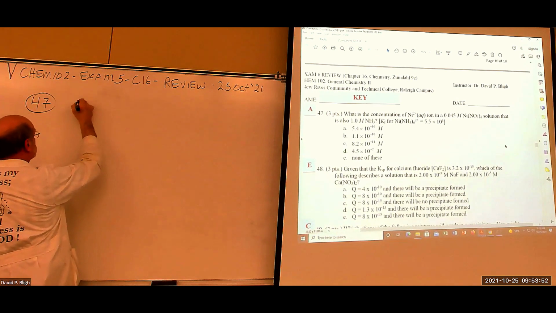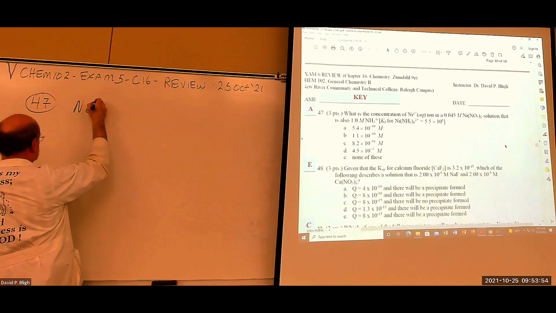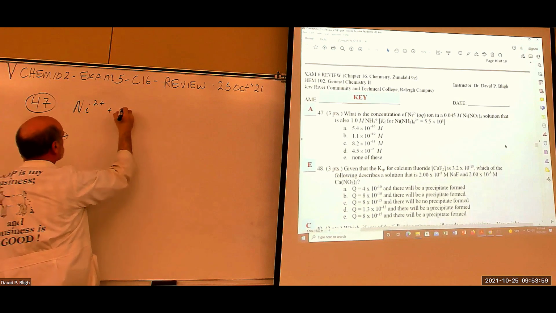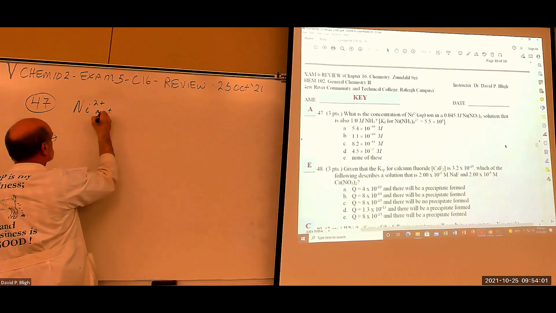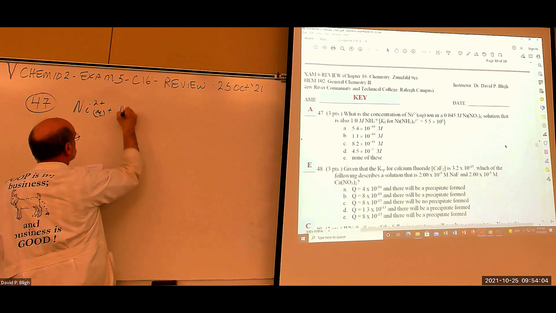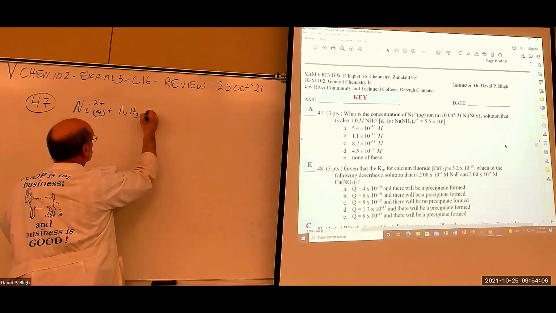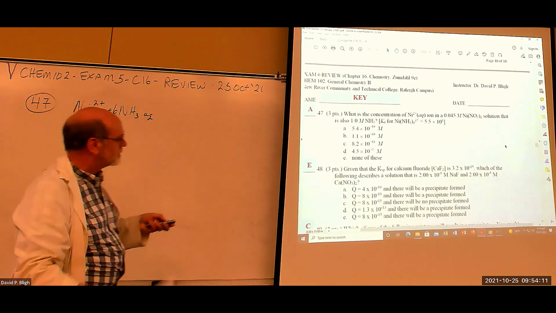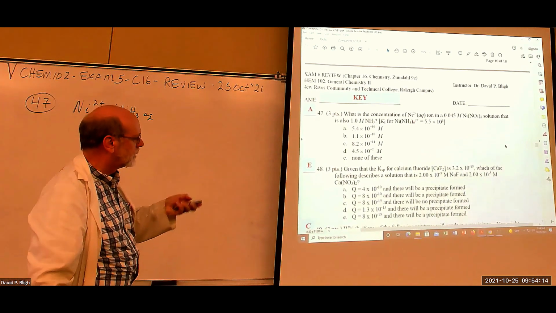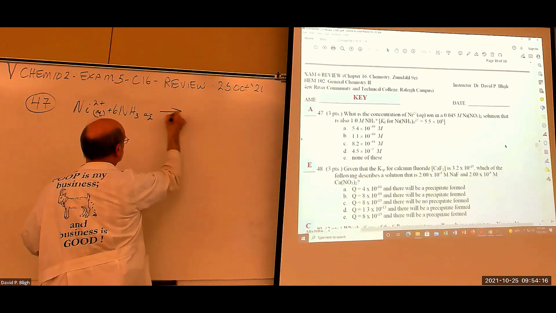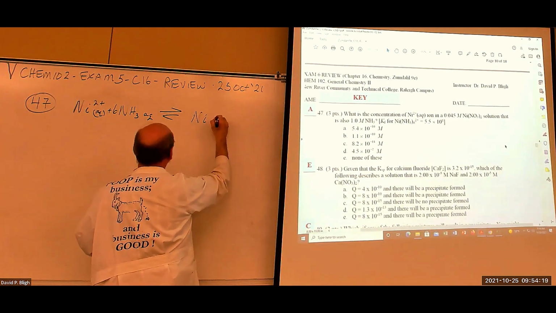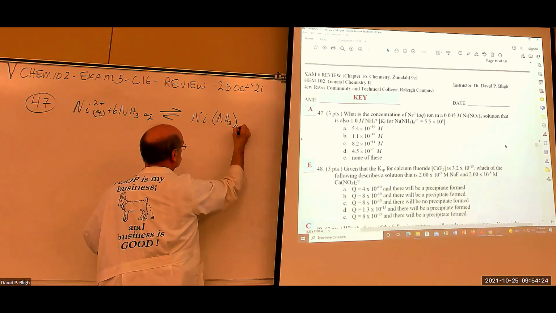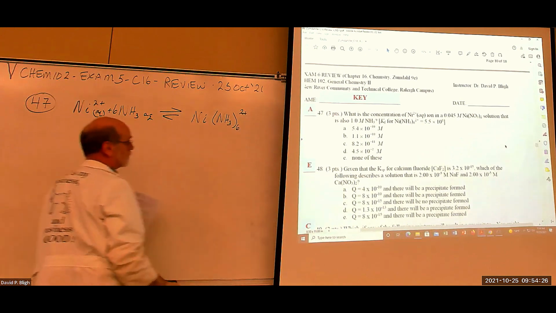So the controlling equation here is nickel 2 plus aqueous and ammonia aqueous, but there are 6 of them, yields nickel and 6 ammonia. It still has its charge though, because ammonia is neutral.